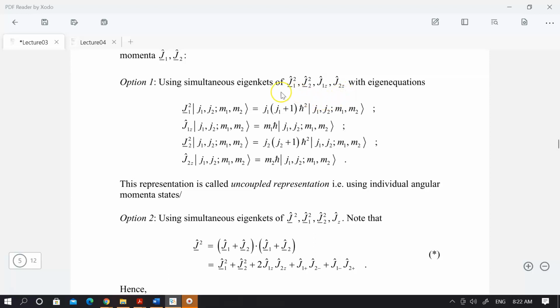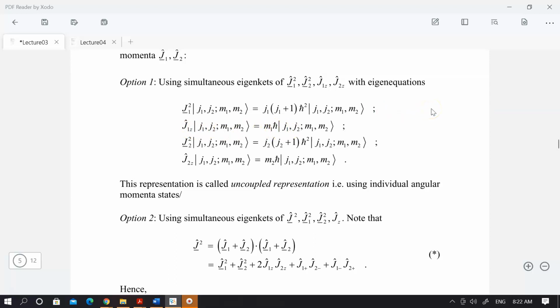So your eigenstates will now be labeled by the individual magnitudes of angular momenta J1, J2 together with the z components m1, m2. So J1 squared acting on this state gives you J1 times J1 plus 1 h bar squared, and similarly for the z component you have m1 h bar.